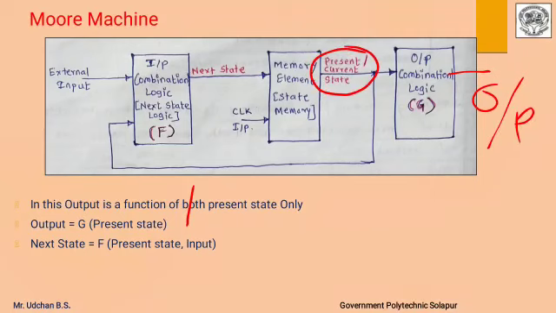The only difference between the Mealy machine and Moore machine is that here the x input is not given as input over here. Again, as the output is a function of present state, it is written as g of present state, where g is the name of the function, and next state is dependent on present state and input.